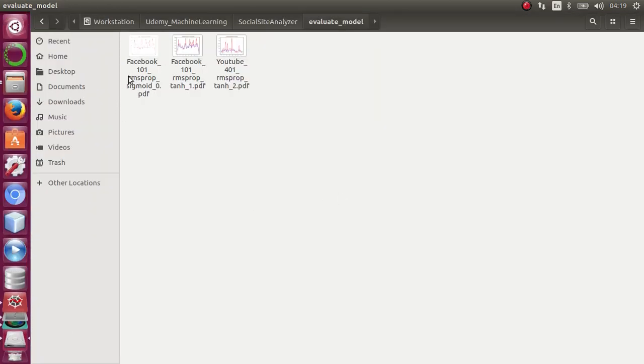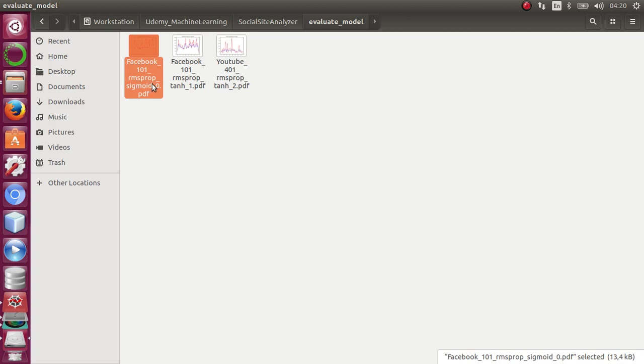All right, so actually I'd like to show you the kind of name format I have used. You can easily figure out what kind of operation I did while generating these figures. If you look at the pattern of the name of the file, this was over Facebook. 101 was the number of epochs.